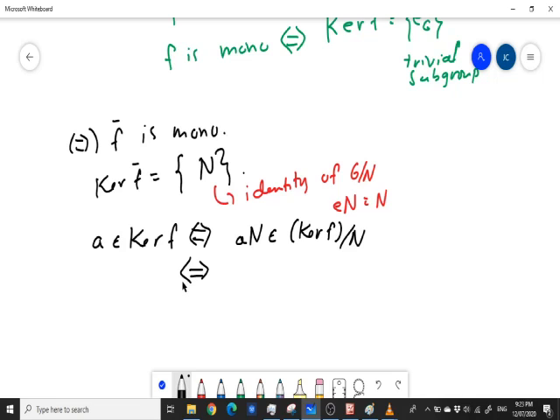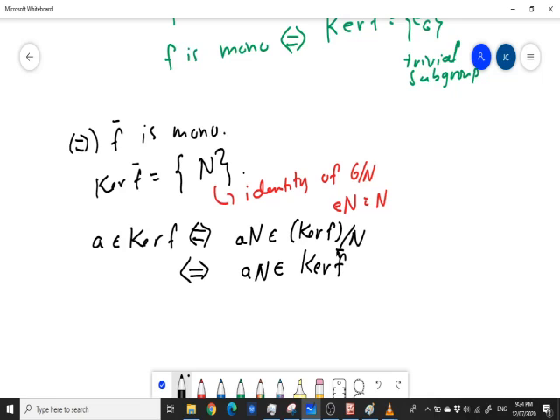Why is an in the kernel of f bar? Ah, okay. But we've already shown that this is equal to the kernel of f bar. So therefore, an is in the kernel of f bar.